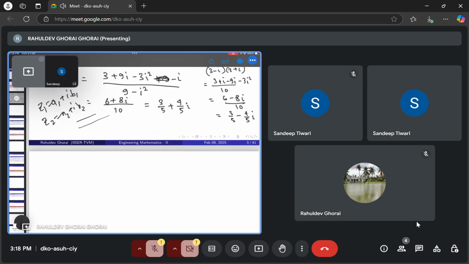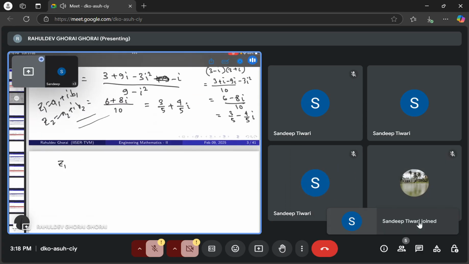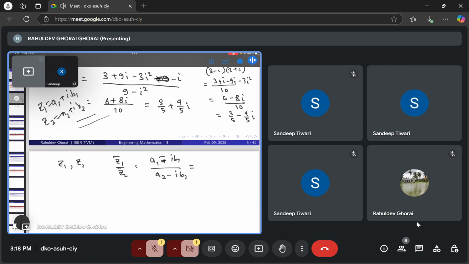Then Z1 bar over Z2 bar will be a1 minus ib1 by a2 minus ib2, and then again you do the same thing, a2 minus ib2 times a2 plus ib2. All these things you multiply here also, and this z1 over z2 part also will be equal, the same.